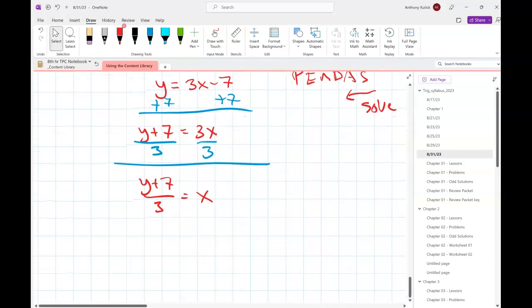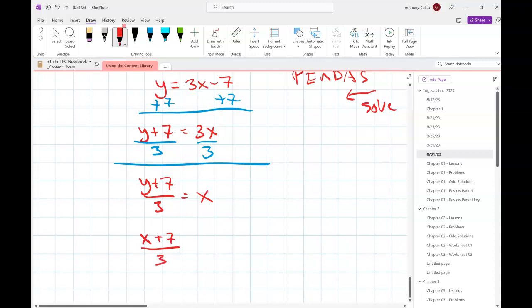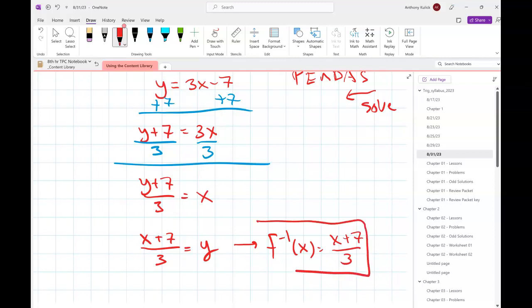This is the algebraic equivalent of just switching the x and y coordinates. At this point, I'm done. I'm just going to rewrite the y as f inverse. And that is my answer.